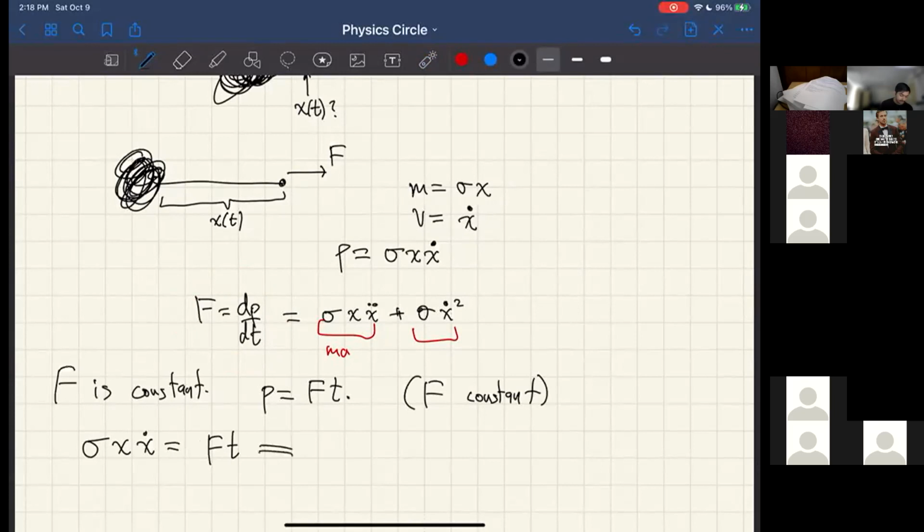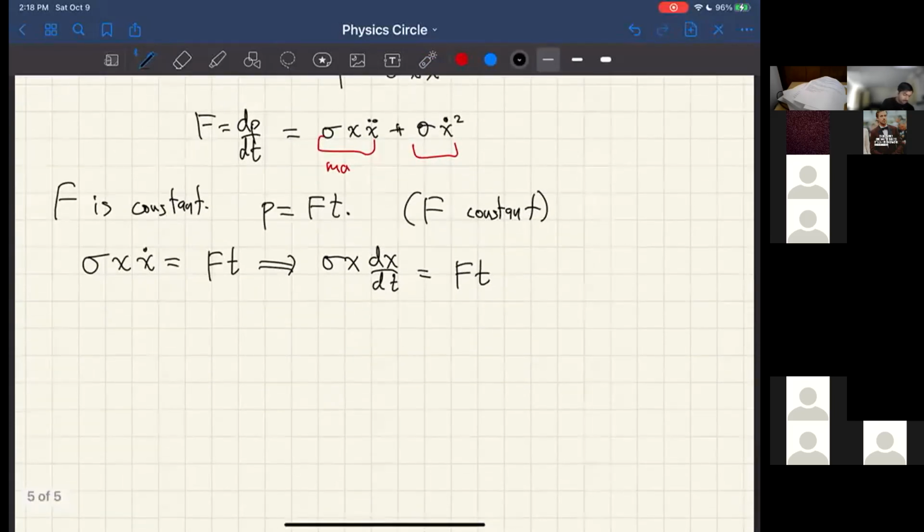And I can rewrite this as sigma x dx/dt equals Ft. So I can rewrite this as sigma x dx equals Ft dt.